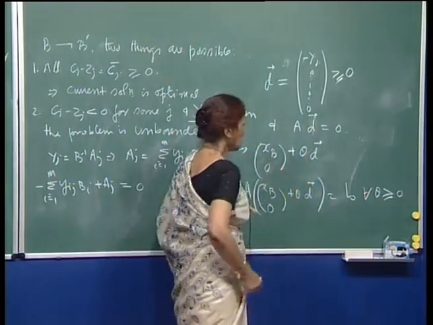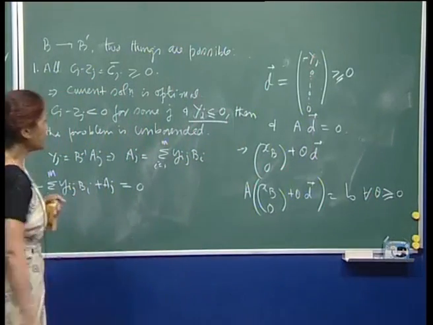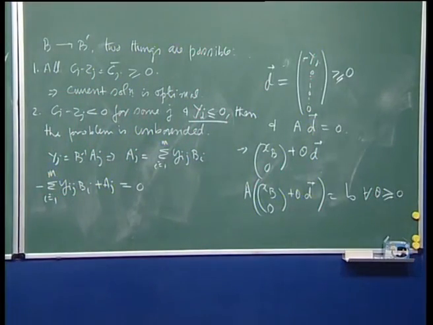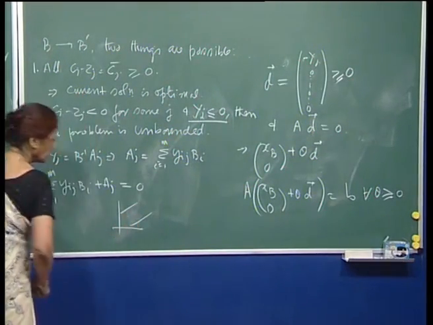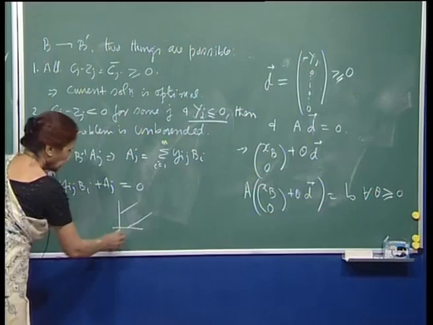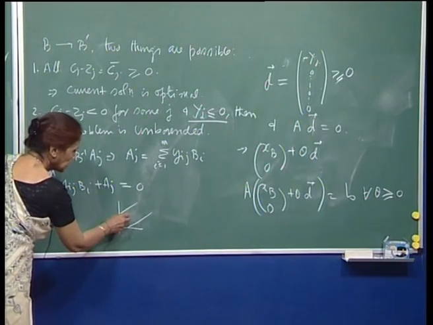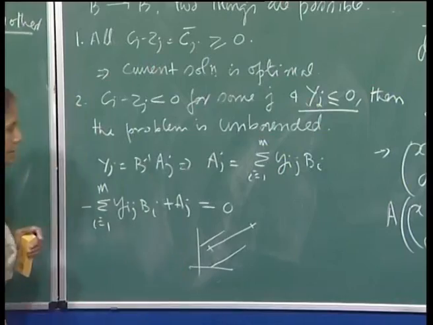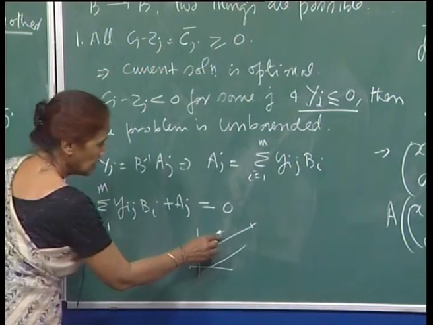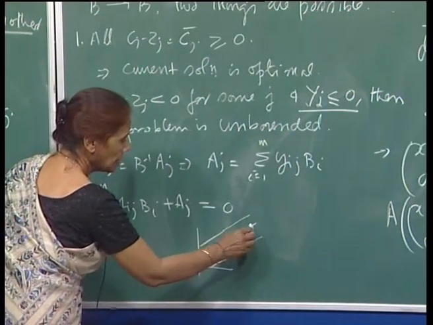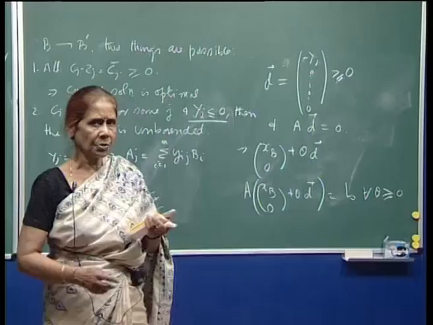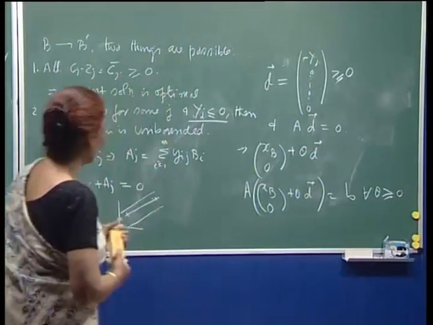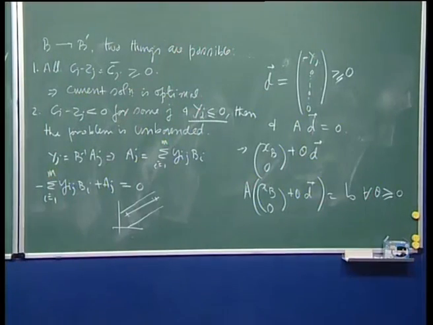So, the sum has m plus 1. So, this is only a feasible solution. If you recall, I showed you that when there is a direction present, you can move along this direction and remain feasible. So, when you move along this direction, you are no longer at a basic feasible solution, because you are in the interior of the feasible region.